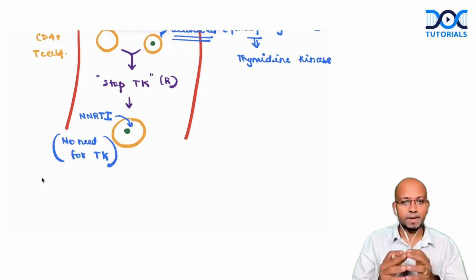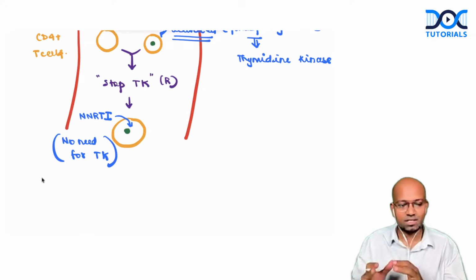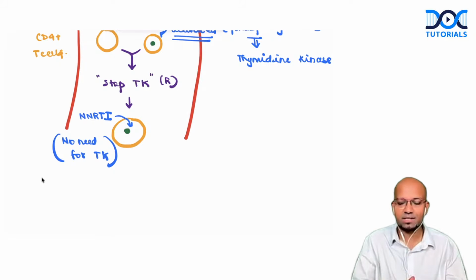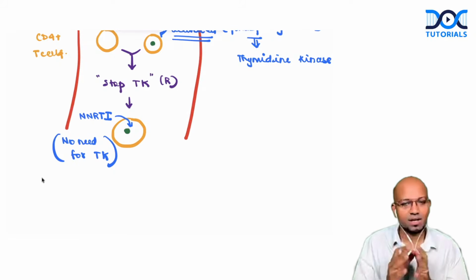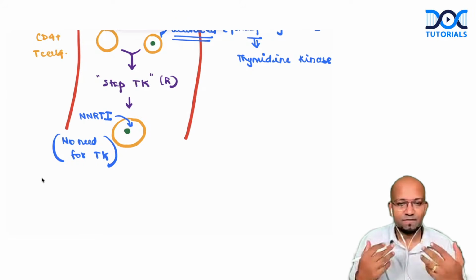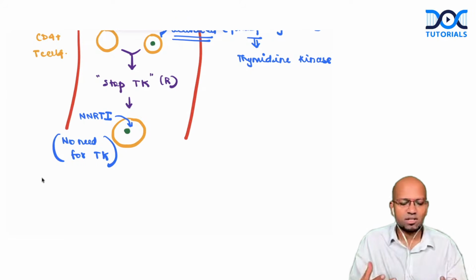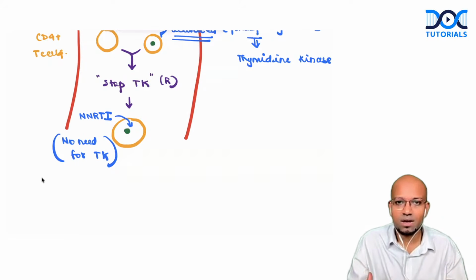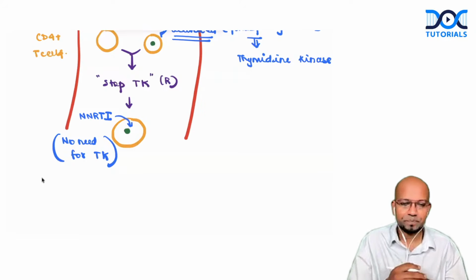This drug will be concentrated only inside the cell which is infected with the virus. And thereby, we make sure that NNRTI will produce its action only inside the cell which is infected with the virus. So we gave the first drug, which is NRTI. The virus came up with the resistance pattern, and we came up with the next drug, which is NNRTI, non-nucleoside reverse transcriptase inhibitor.